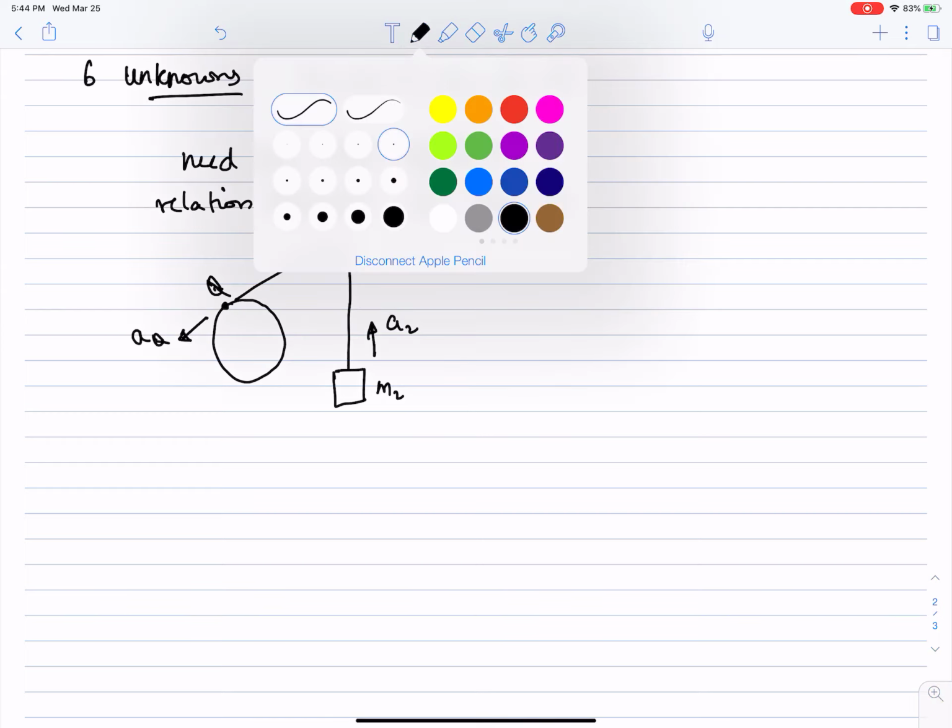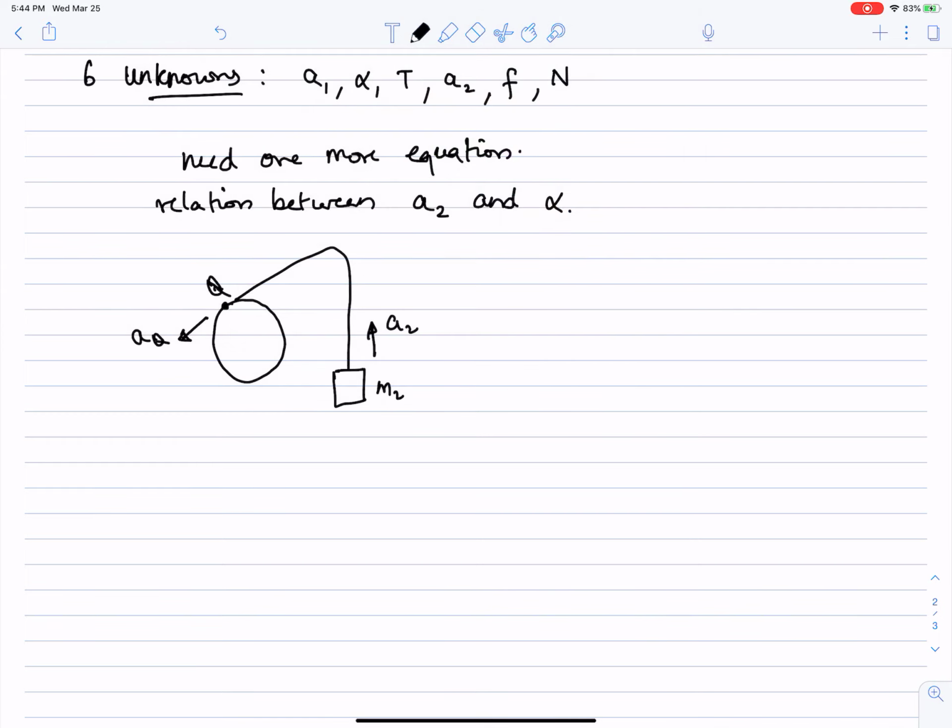So if we say the acceleration is AQ and the velocity is VQ, we'll have VQ equals 2R omega, because it's as if it's rotating about this point, and this is 2R. And AQ, the tangential component of that, the component parallel to the ground, is 2R alpha.